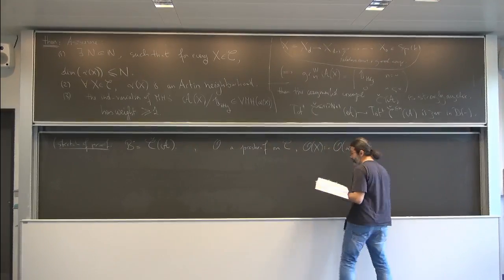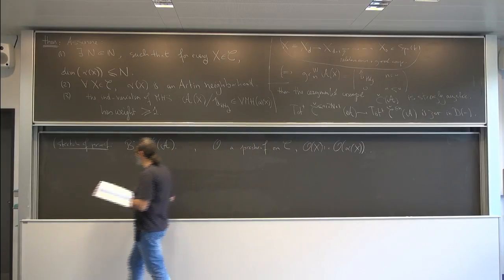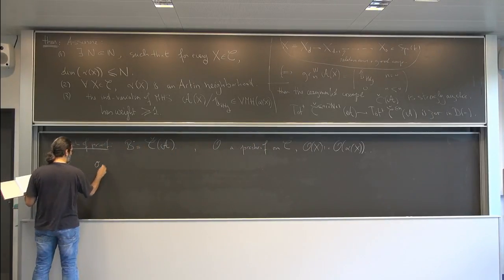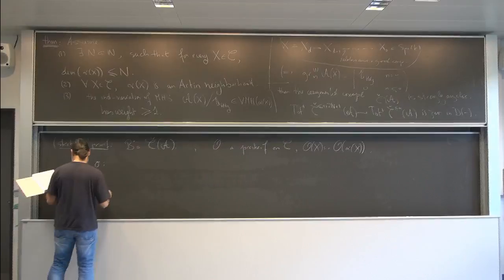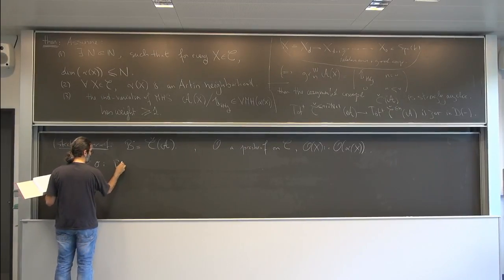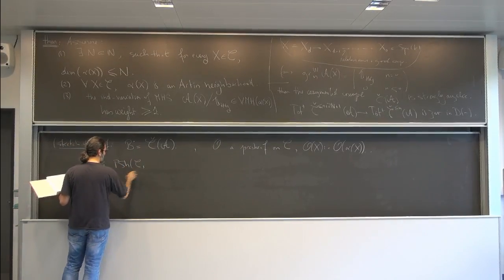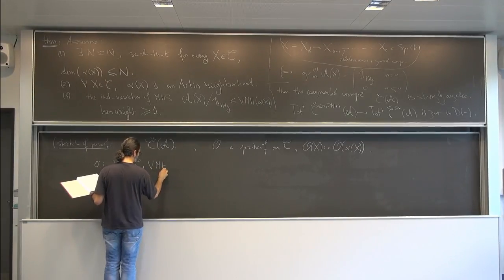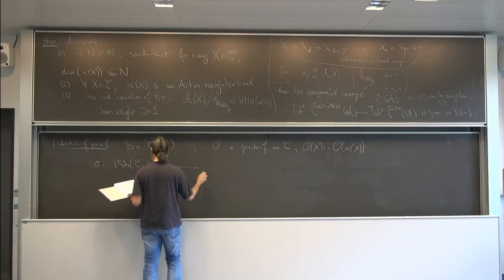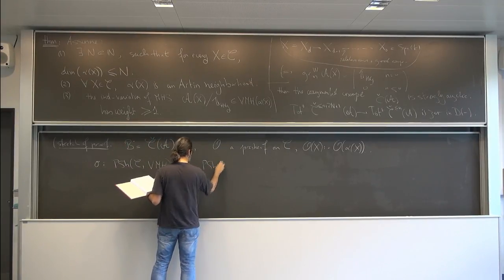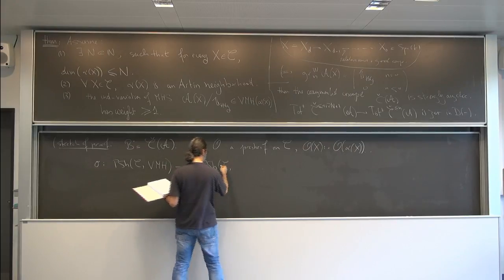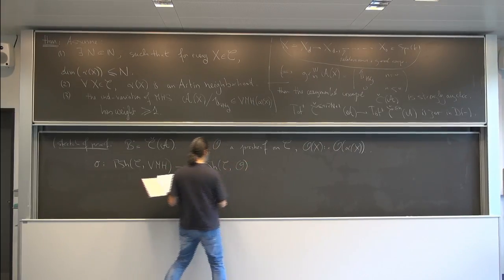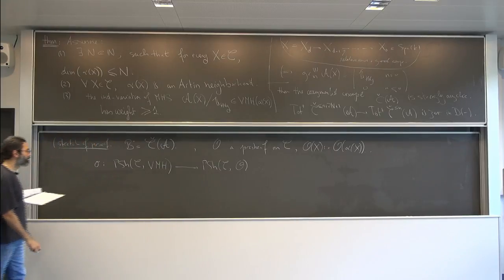So we have a functor, let's denote this by O, that goes from pre-sheaves on C with values in variation of mixed structure to pre-sheaves of modules on C, of O modules.